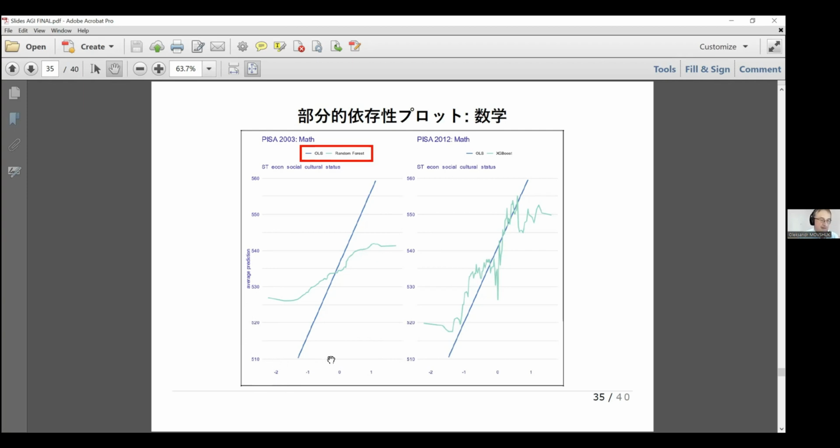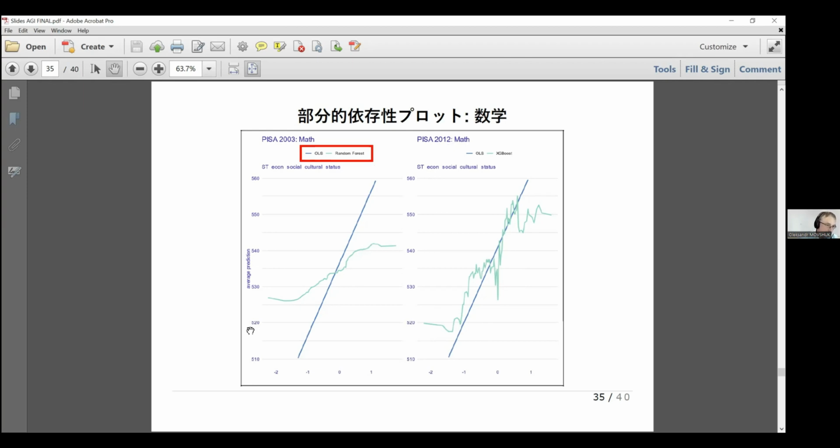We fixed the effect of other variables at the average level, and then calculate the average starting from the smallest value, first variable, to the first distinctive value of socioeconomic status. Then next variable. You can see that they sometimes could be very smooth, but occasionally there are some rapid changes, like in 2012. But overall, there is a positive effect.